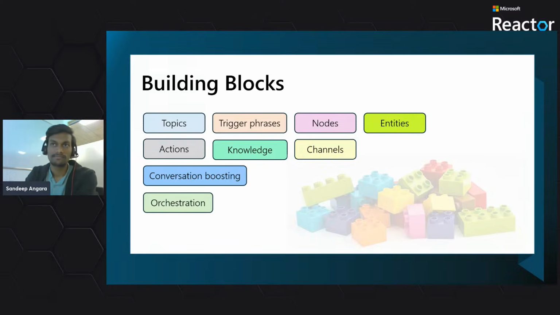Channels are a way to publish our copilot or agents. At the end of the day, we would need our copilot or agent to be used by our end users. So there should be a way that we could publish to one or the other channels. For channels, there is support for Teams, which is the official communication channel in almost every industry, and there is WhatsApp, external websites, and many others.